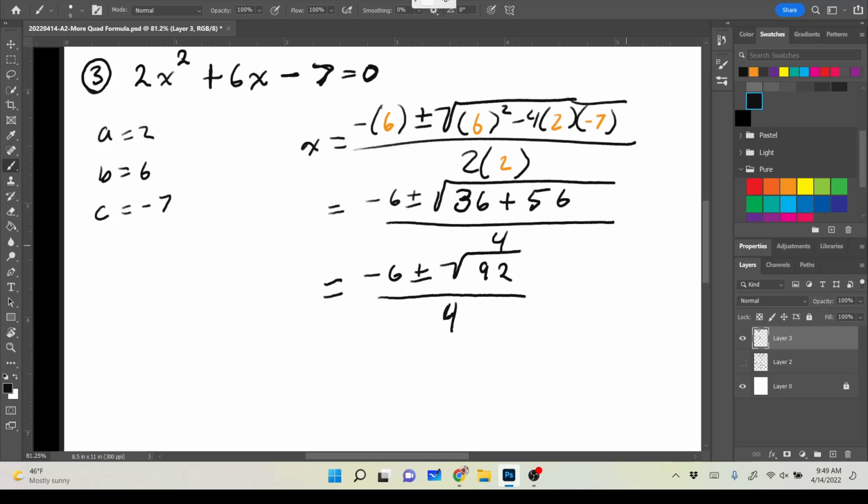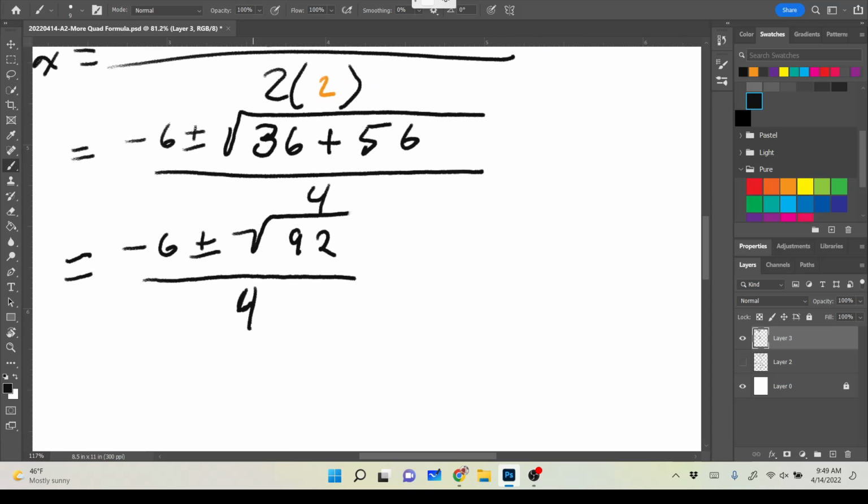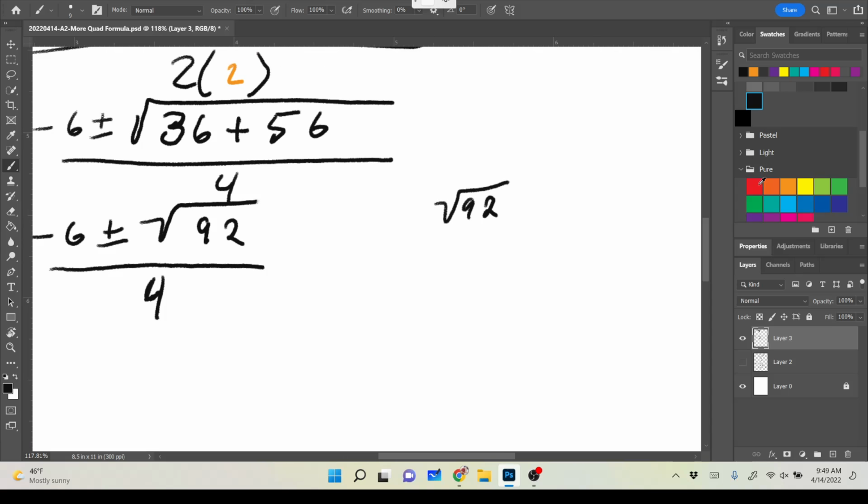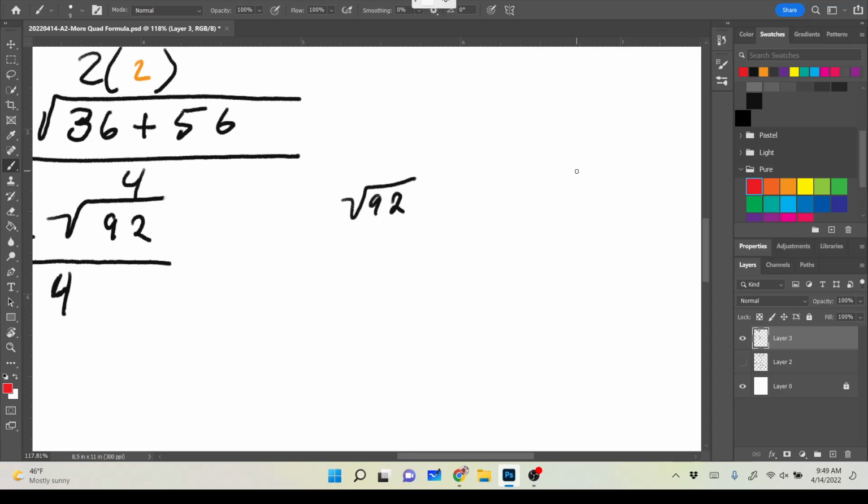So we need to simplify that radical, right? Is there a perfect square that goes into 92? Well, what are your perfect squares? Let's list a few. 1, 2, 3, 1 is not, 2 isn't either. 4, 4 is. 9, 16, and then 25, 36.